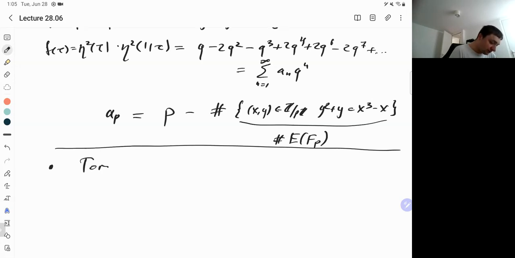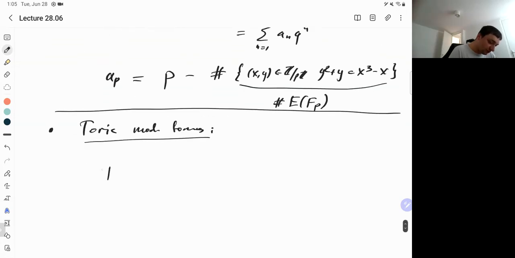So something maybe I want to tell: something called toric modular forms. I'll just give an example of a toric modular form without explaining what it is. There is a definition which is much more general, but one of the special cases is the following thing.